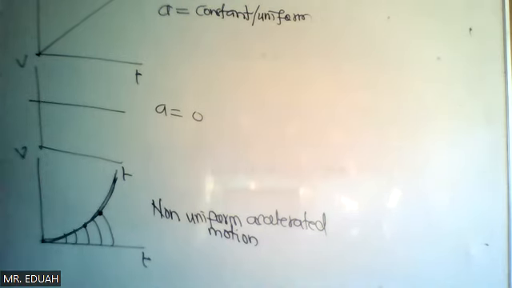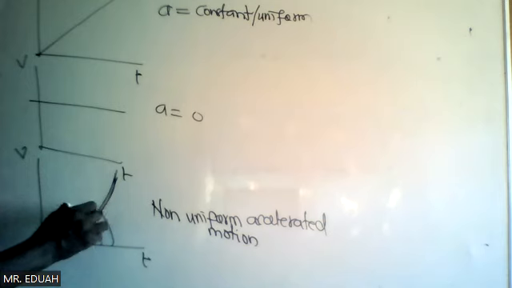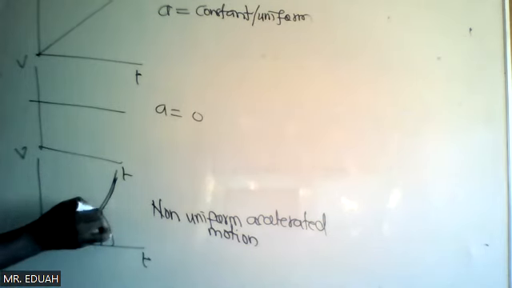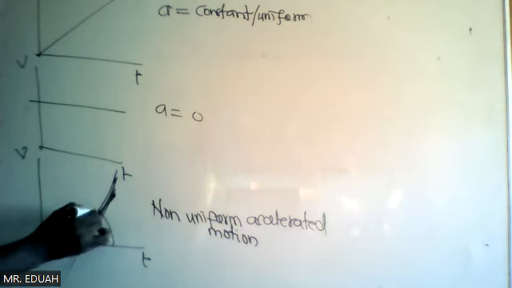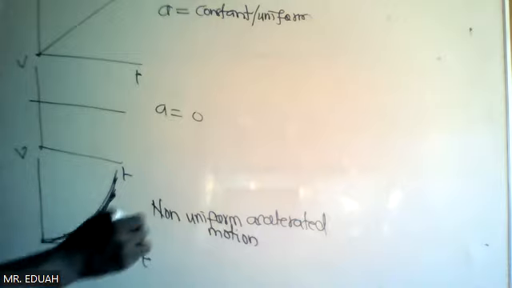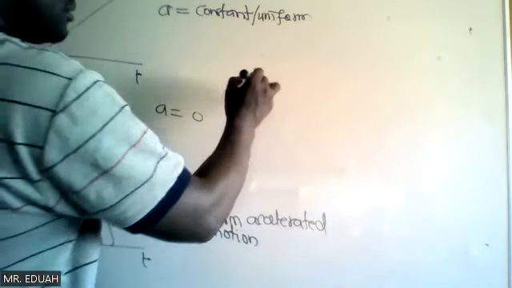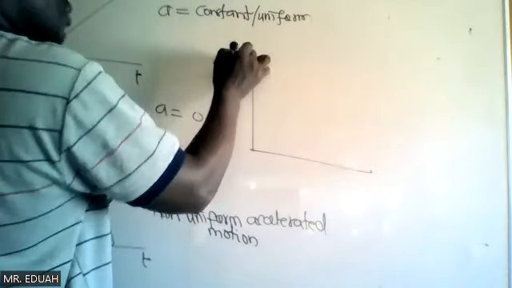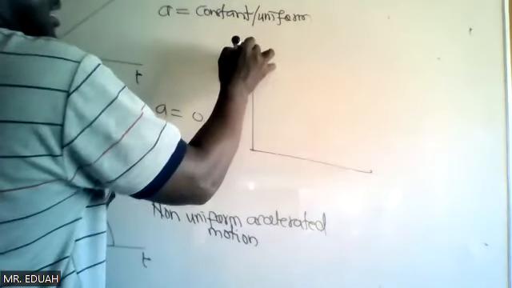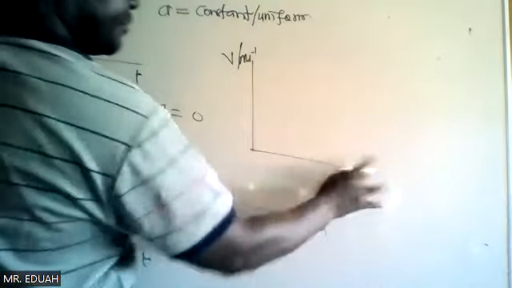Acceleration within a given time. So maybe I want to determine the acceleration at a time t is equal to so and so. Let me draw it well, similar to what we saw on the displacement time graph.